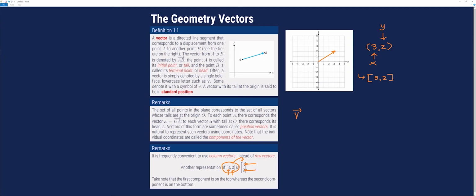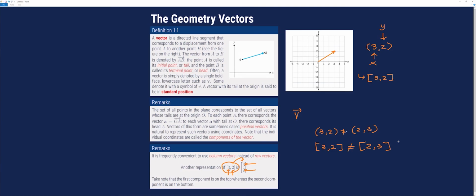Similar to ordered pairs, remember that (3, 2) is not equal to (2, 3). That concept can also be applied in vectors. Therefore, [3, 2], a row vector, is not equal to [2, 3]. So always remember that the order of the components is important.